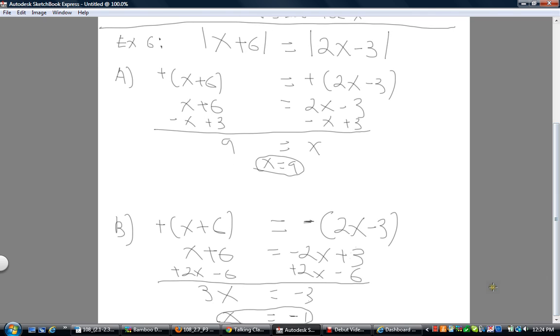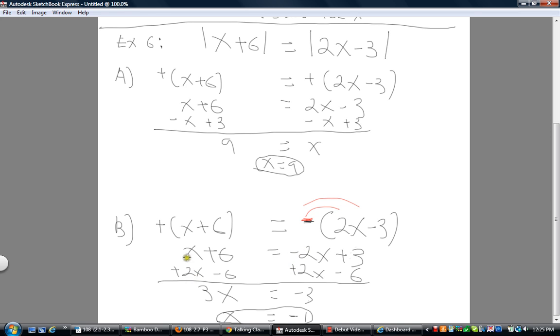Now you're going to do the second case, case B. Take a positive left-hand side expression equal to the negative. This is the big step here. Now do the distributive property. You get negative 2x. Negative times the negative is a positive 3. Now do the 2-for-1, but this time look at your x terms. Always combine them first. I like to move the smaller term over to the other side, so negative 2 is smaller, so I will add 2x to both sides.